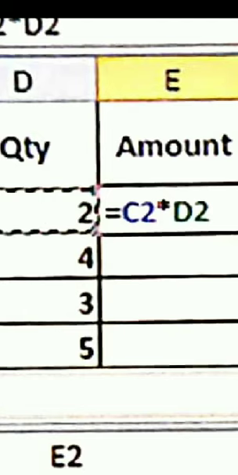Suppose there are 2000 equipments, television, mobile phone, AC. You have to write it again and again. Therefore there is a facility in MS Excel: you write the formula only once and that formula will be copied in the rest of the column. So how will it be copied?